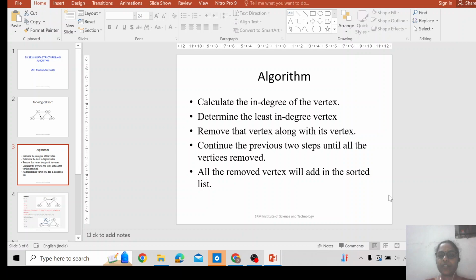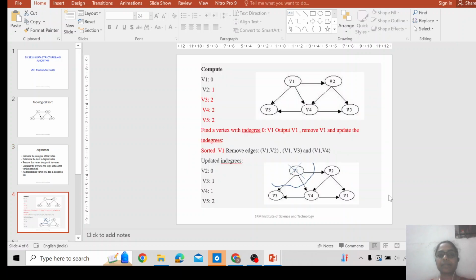The third step is to remove that least in degree vertex along with its edges. So a single vertex will be removed along with its edges, and continue the above 2 steps until all the vertices are removed. Whenever we remove a vertex, please add that vertex to your sorted list. So finally we will have the sorted list, that is the topological sort.